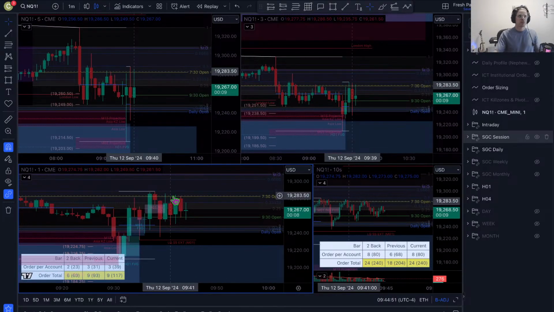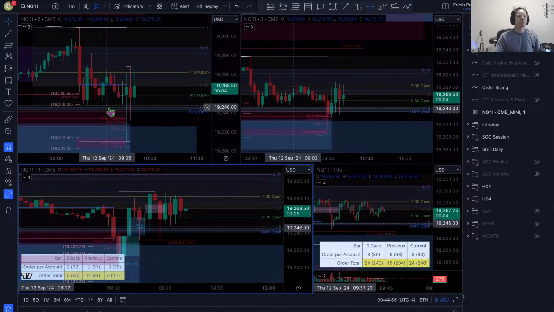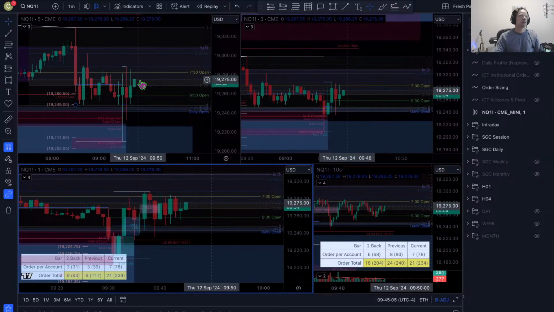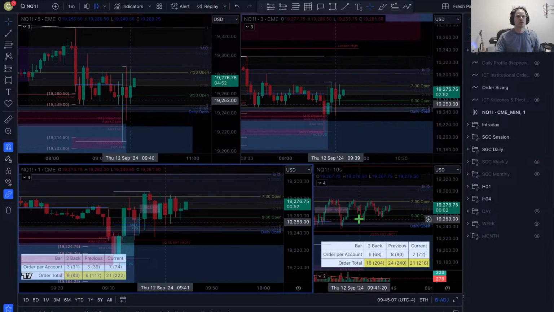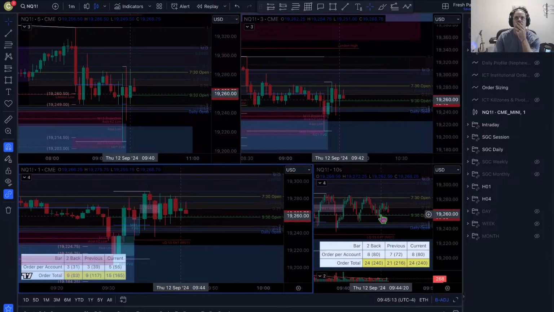We failed to close above the 730, so I'm just going to give it a little bit. The M5's there. I get a re-entry here. We also broke this block here to the downside.